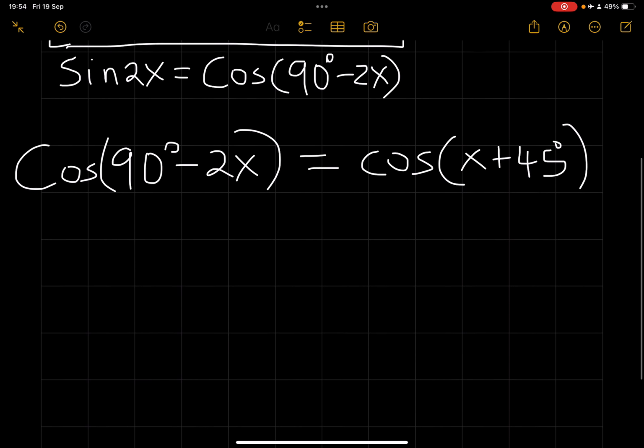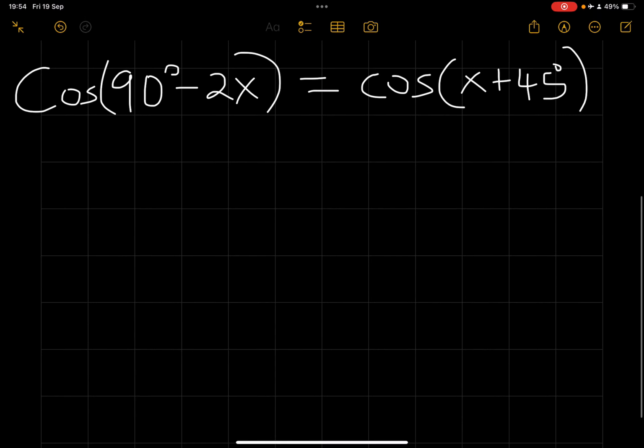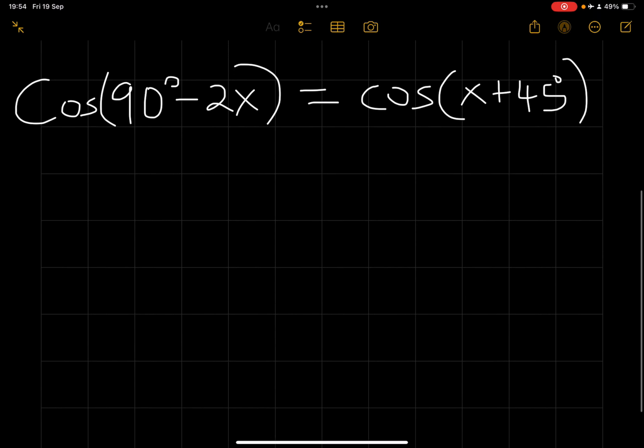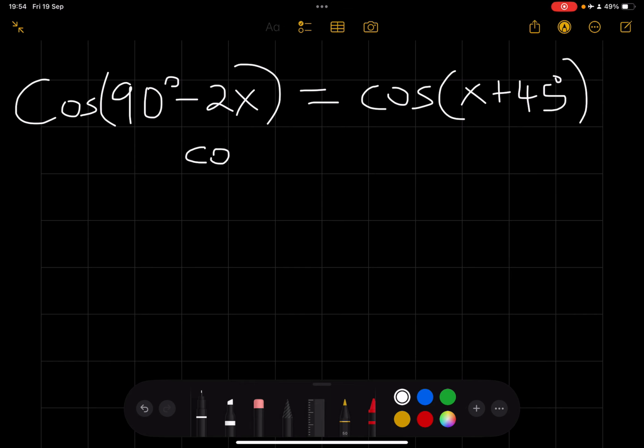And then from here, ladies and gents, we basically have cos A equals cos B. Which means if this is cos and that is cos, we can conclude that the angles are going to be the same. And this will repeat periodically every 360 degrees, because the cos function is periodic every 360 degrees.